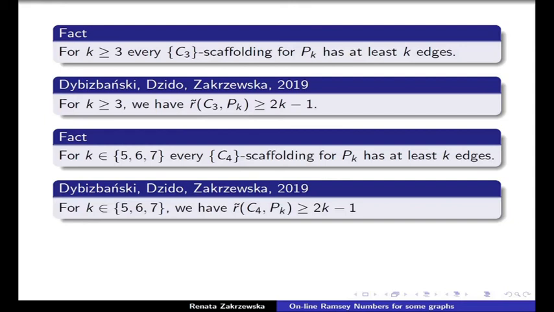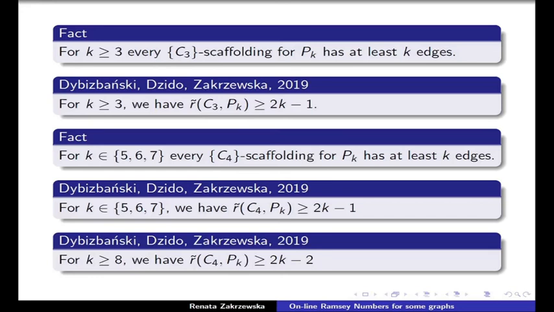We have that the online Ramsey number of C4, Pk for k equal to 5, 6 or 7 is more than 2k minus 1.